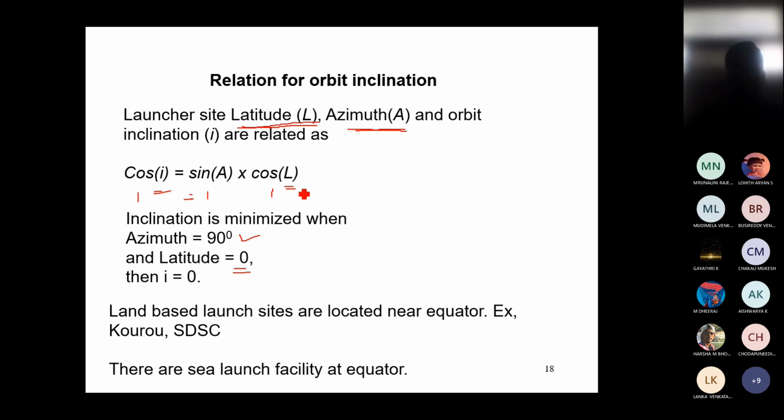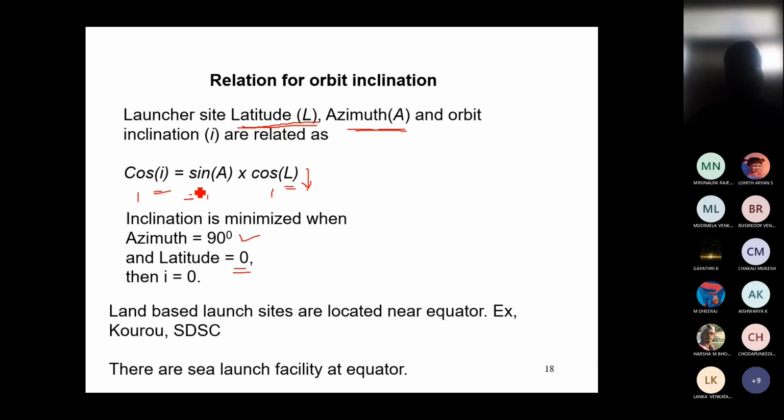I don't know the exact latitude value of Sriharikota, but probably it is around 20 degree north. So hence, as the value of L will increase, this factor will decrease, because the cos theta will have a higher value when theta is equal to 0. But as the value of theta increases from 0 degree, the cosine of that angle will fall. So this value is falling.